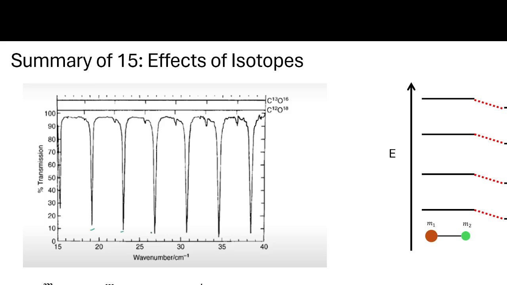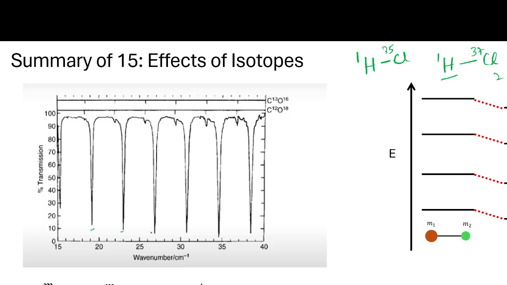First, what would be the effect of isotopes? Let's say we have HCl, so we are using atomic mass of hydrogen 1 and chlorine 35. What will happen to the rotational spectrum if we replace this chlorine by 37, or replace this hydrogen by deuterium?